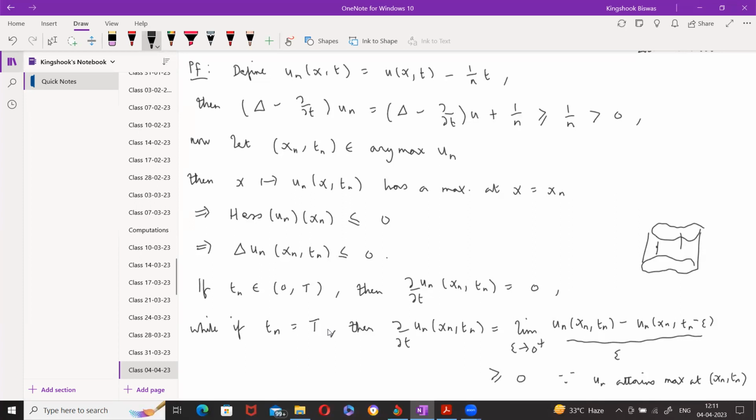And so since I attain a maximum at t_n, the derivative at t_n has to be 0, right? Whereas if I'm on the boundary of the cylinder here, then I just take a one-sided derivative, but u_n attains its maximum here. So the value here is greater than the value here. So that one-sided derivative will be greater than or equal to 0. All right.